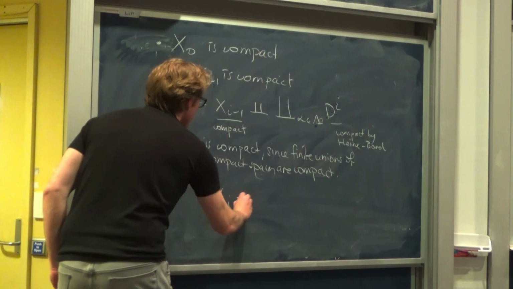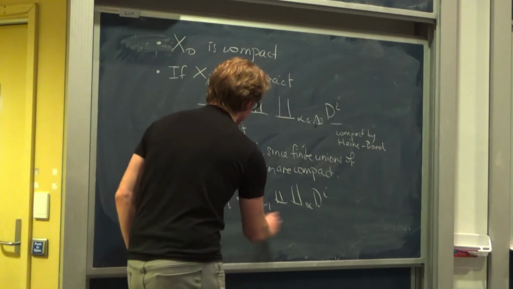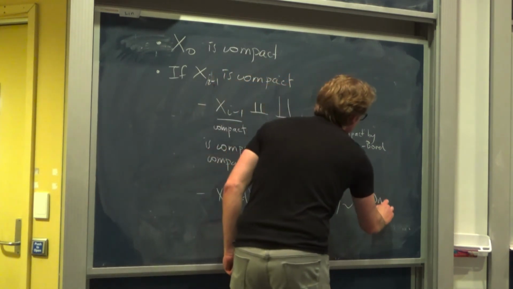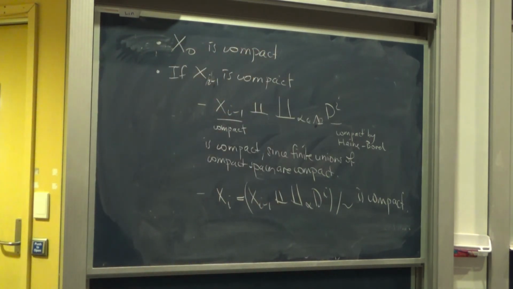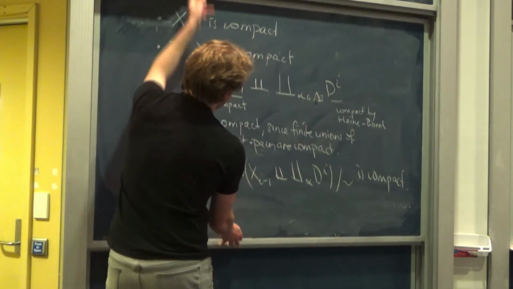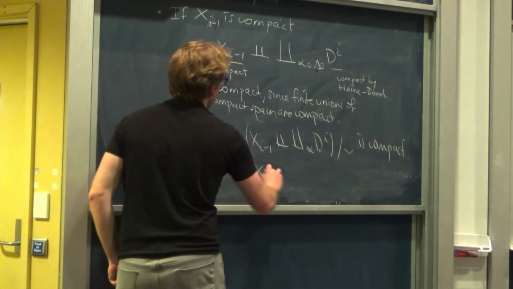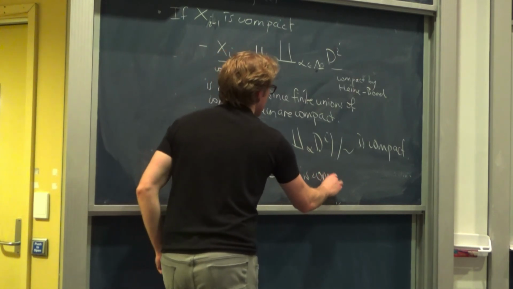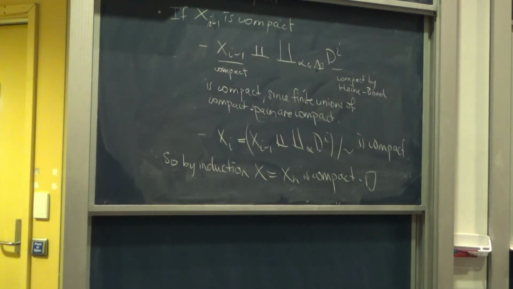Then Xi, which is the quotient, is compact by what we said earlier. Continuous image of a compact space is compact. All right, so then by induction, Xn, which is X, must be compact too. Okay, so anything you can construct by adjoining cells will be compact.